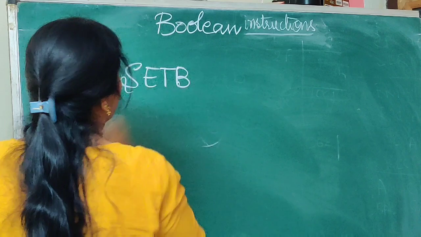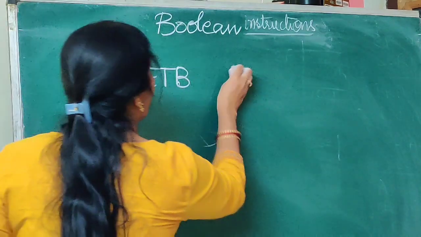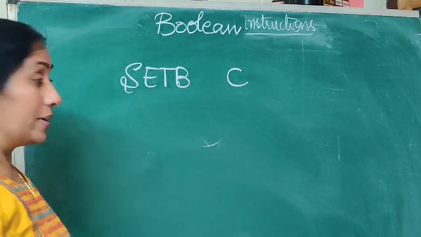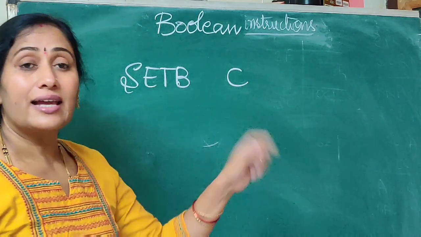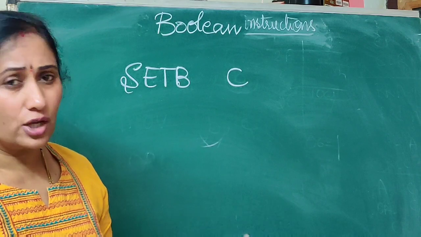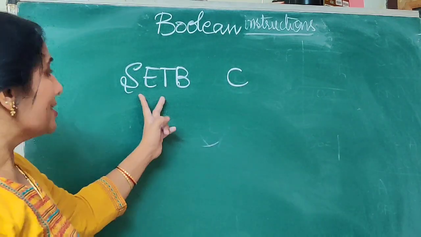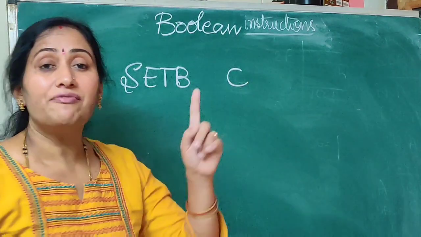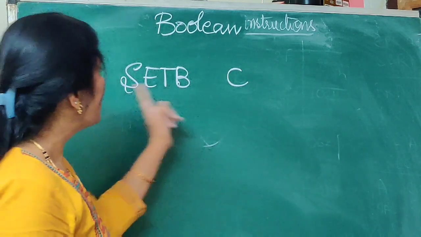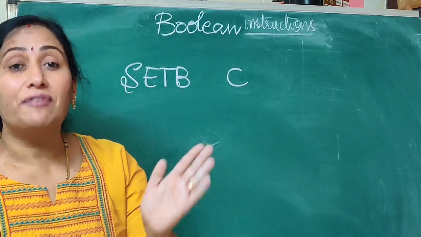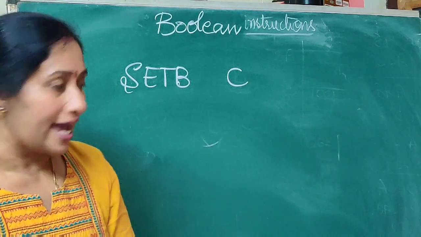Set the bit. Say I can write over here C. Set the bit, carry flag. As the name itself is saying, set. The carry flag, whatever may be its status, either 0 or 1, when this instruction gets executed, the carry flag will read 1. The carry flag status will be equal to 1. So when this instruction gets executed, the flag which is going to get affected is the carry flag.